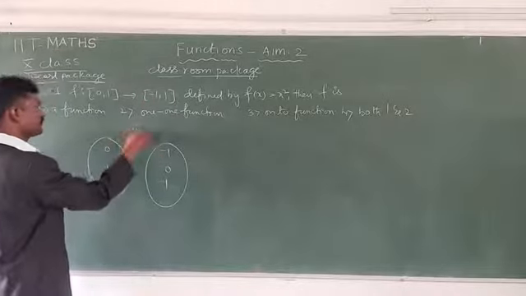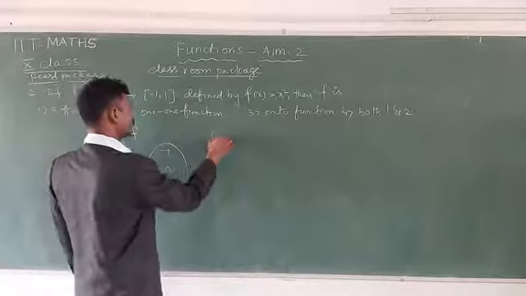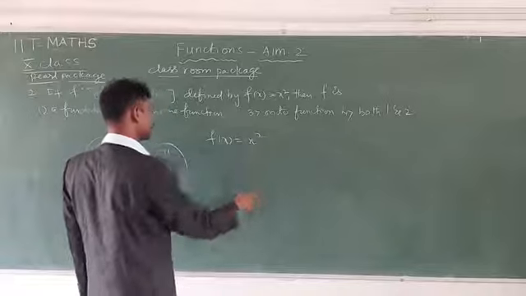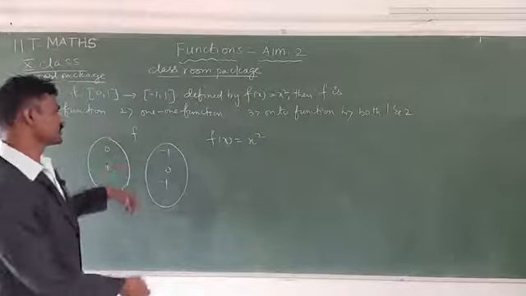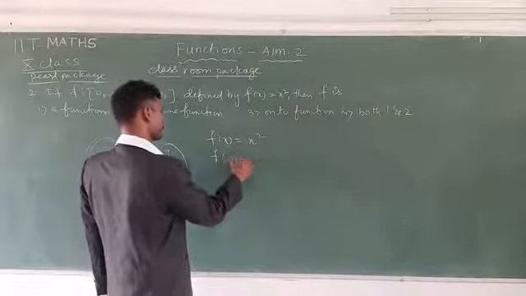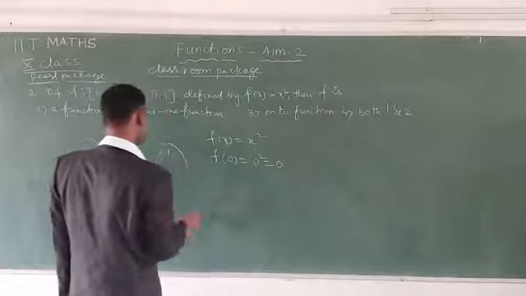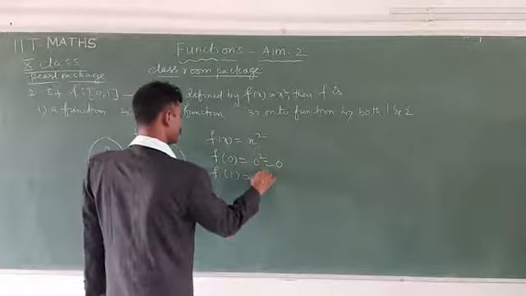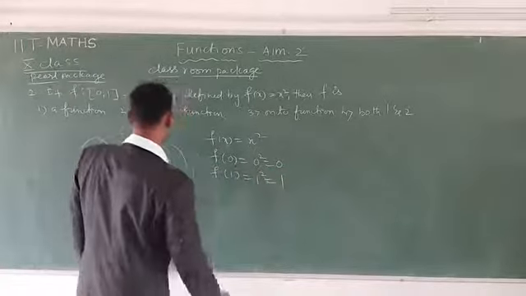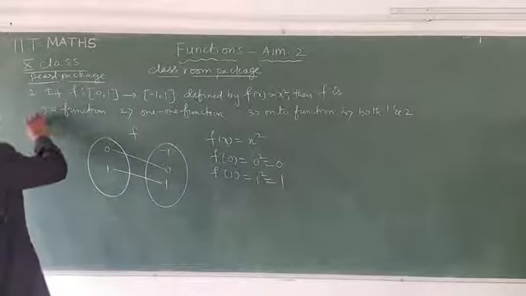Then this is f. Now you can take the function f of x is equal to x square. You substitute the domain elements: f of 0 is equal to 0 square is equal to 0. Next, f of 1 is equal to 1 square is equal to 1. Then 0 is mapping to 0, 1 is mapping to 1. See here, this is a function, this is a function.